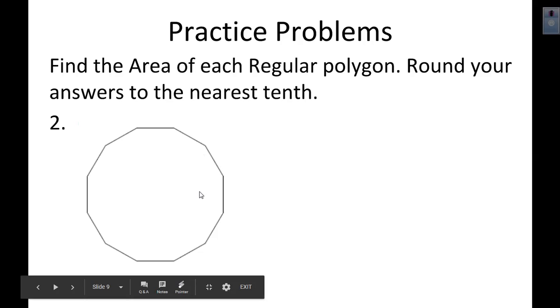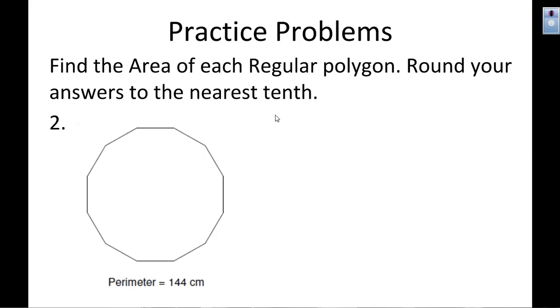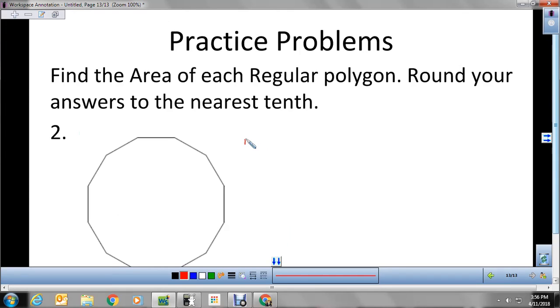Number 2 is similar. They give us the perimeter. Perimeter is 144. So we have N, S, P, C, H, and A. The number of sides in this one, if you count them up, is going to be 12. Perimeter is 144, so we divide 144 by 12, and that gives us 12.